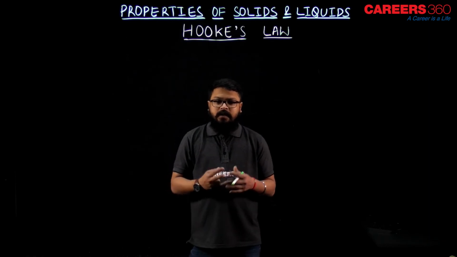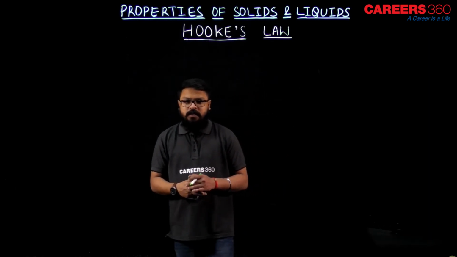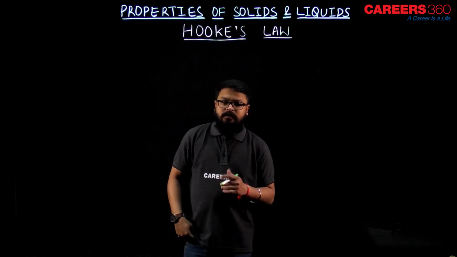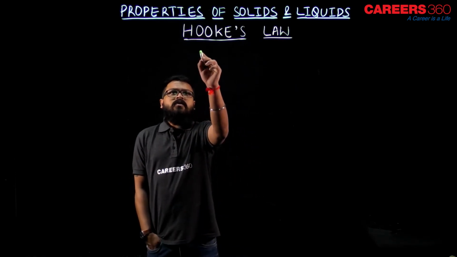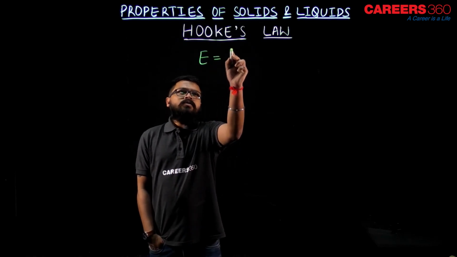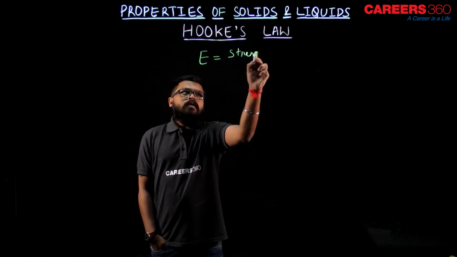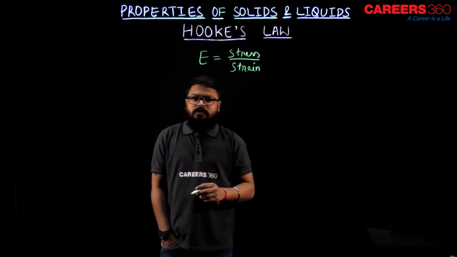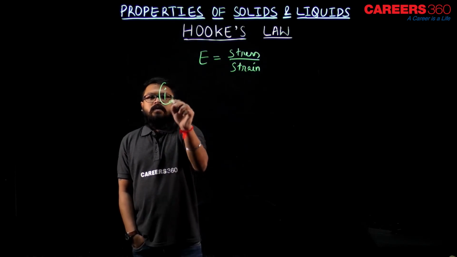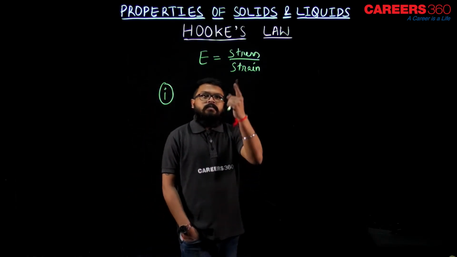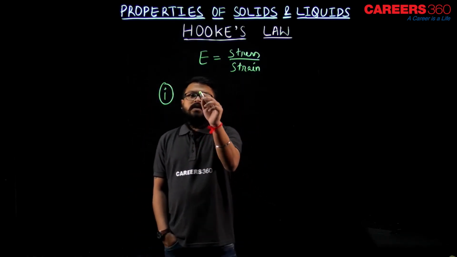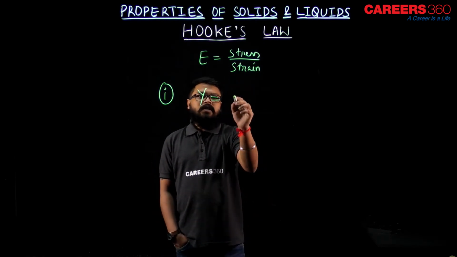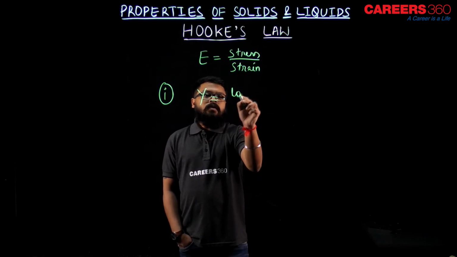As I said, there are three types of modulus of elasticity based on three types of stress and strain. As we know, modulus of elasticity E equals stress upon strain. The first type, based on type of stress and strain, is Young's modulus of elasticity. What is that?